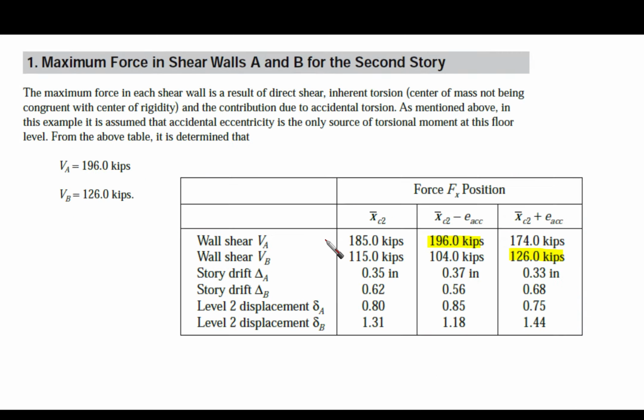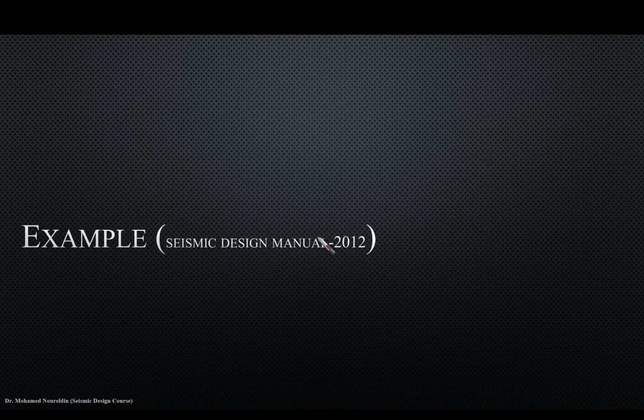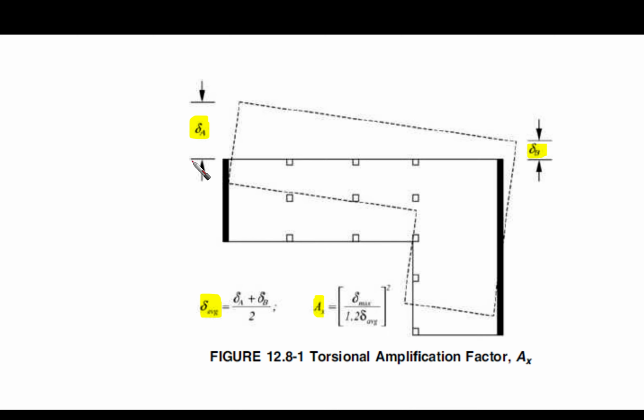I have shown this before. Here, this is the torsional irregularity. We are going to talk about the drifts, the maximum, and the delta average.